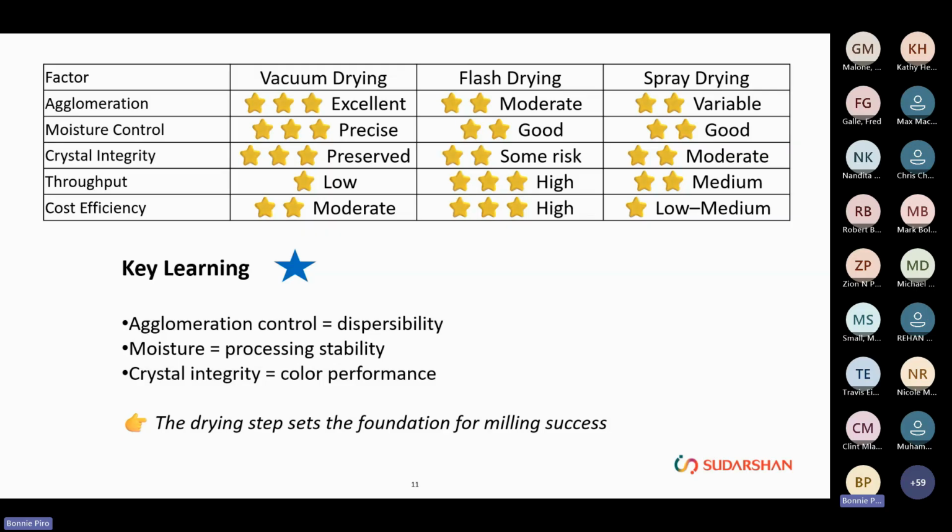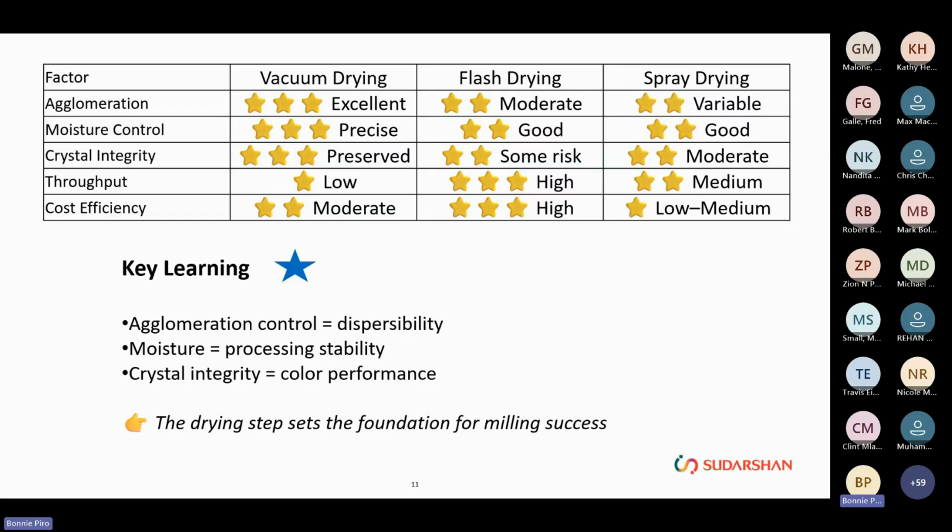So this gives you a feel for the types of drying that are available and how they impact these types of properties. As I mentioned, the agglomeration control impacts the dispersibility. Moisture certainly is a processing stability part. And then, of course, as I mentioned earlier, crystal integrity is directly related to the color performance.